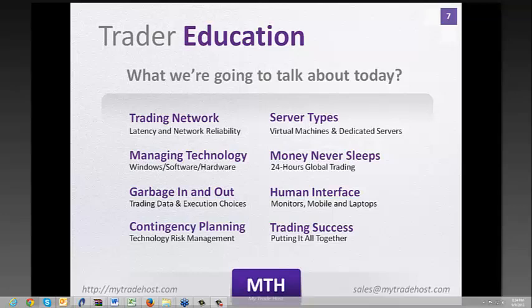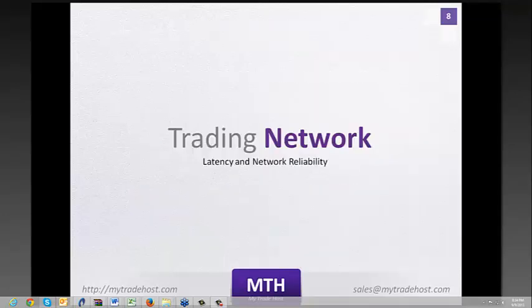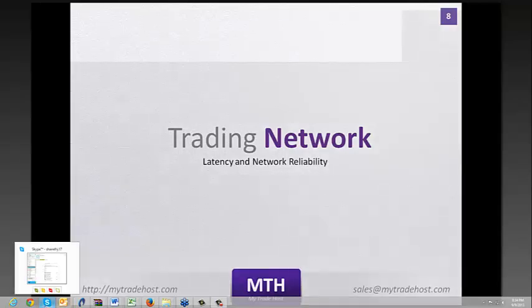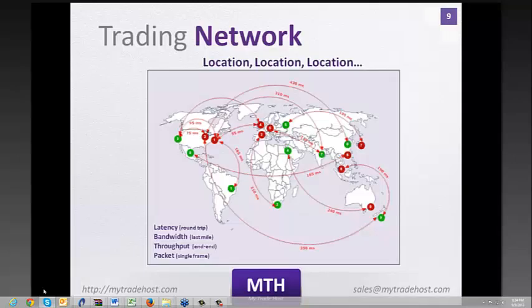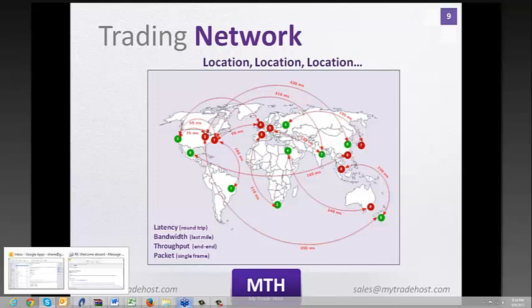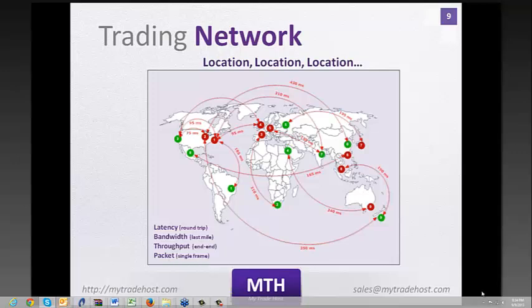First, the trading network. Why is it important to have a low latency connection and reliable network? Low latency meaning you're very close to your broker. There's a famous saying in real estate, location, location, location. It applies just as importantly to trading. The farther you're away from your broker's trade and data servers and the trading exchange itself, the slower your execution and communications with them.